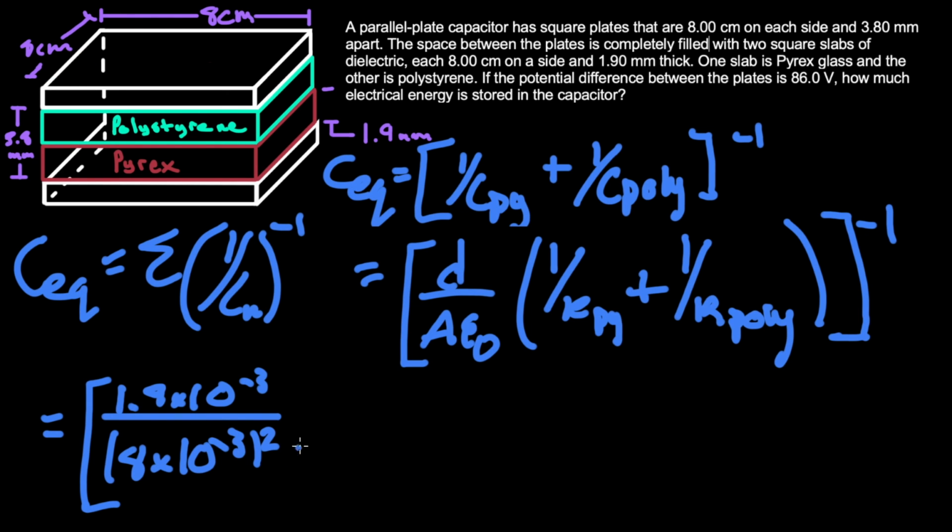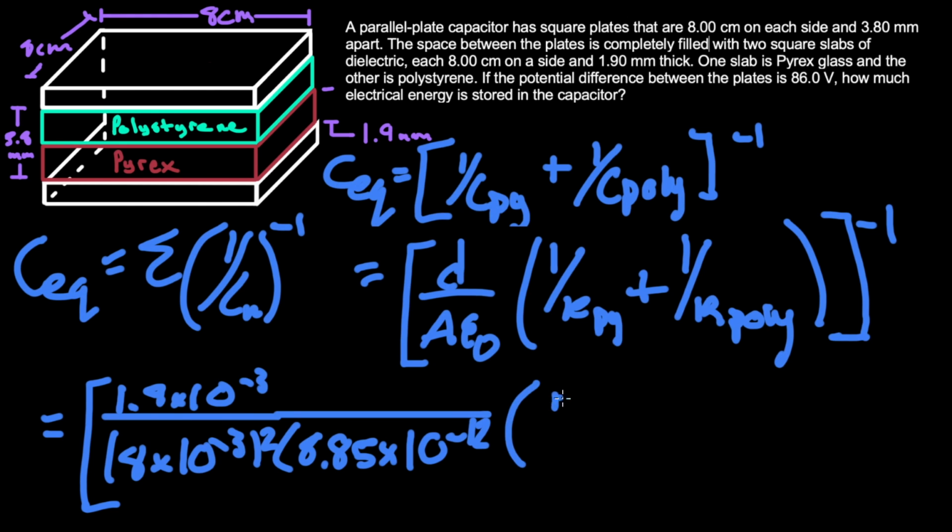And then multiplied on the bottom again by 8.85, the constant, times 10 to the negative 12. And I'm going to extend this line. And then we're going to need to multiply that by 1 over kappa, which is 4.7 for our Pyrex, and 1 over 2.6 for our poly.